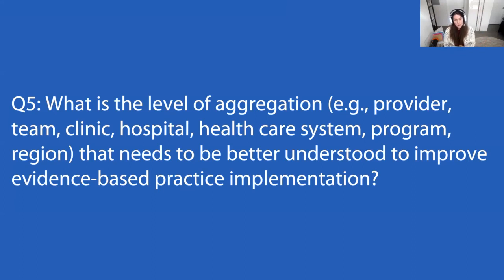But as we're going to keep saying, it's also about who needs to be at the table, and what level of data we have to support what level of decision making. Because if you look at these stakeholders, providers make decisions about EBPs, teams coordinate EBP delivery over time, and clinics, hospitals, and healthcare systems each have different levels of decision making and understanding of what might be related to EBPs.